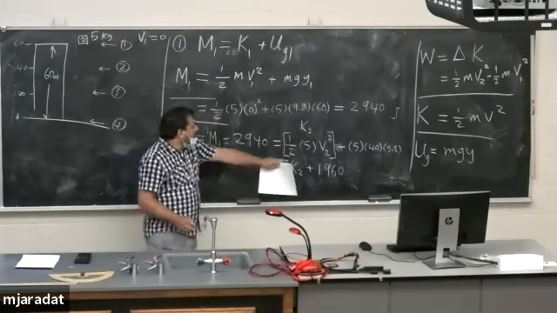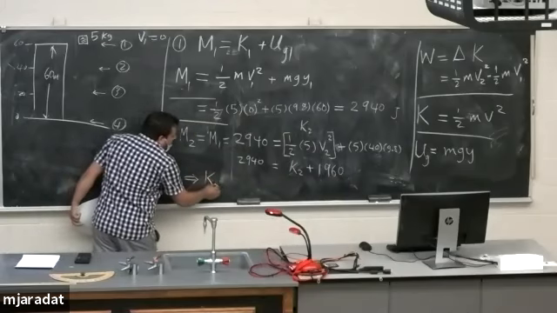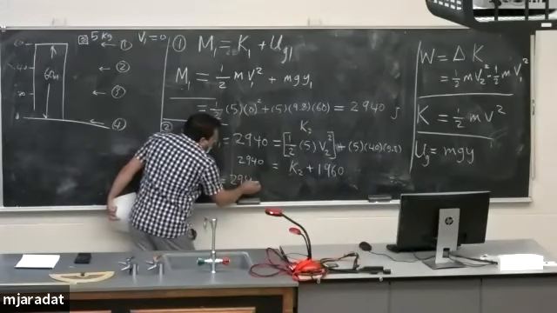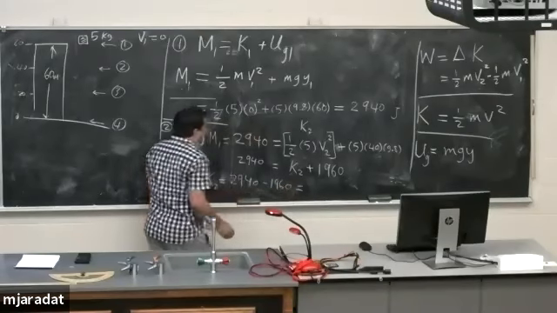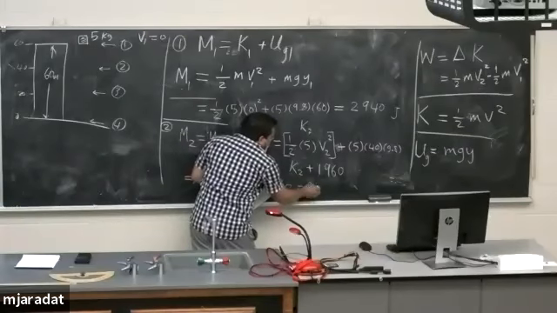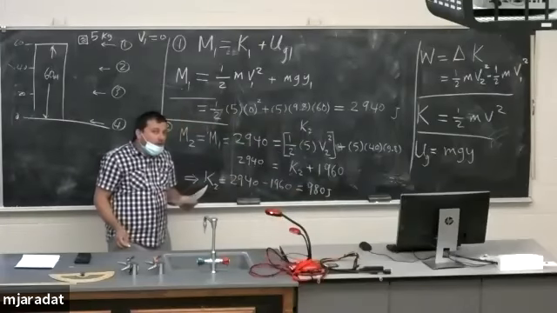It is this minus that. So the kinetic energy is equal to 2,940 minus 1,960, which is 980 joules. This is the kinetic energy.